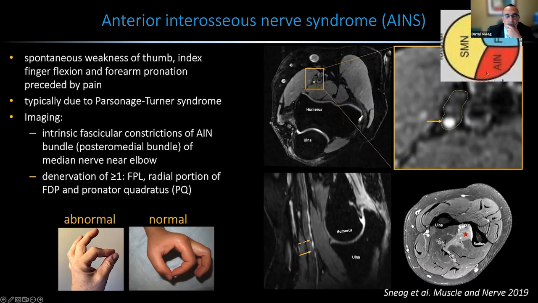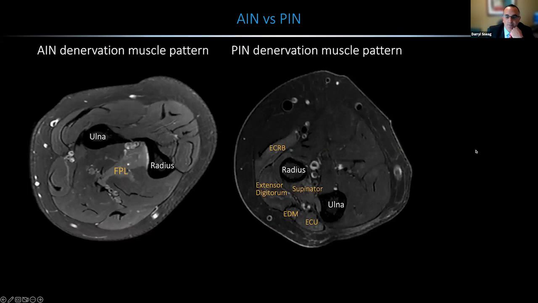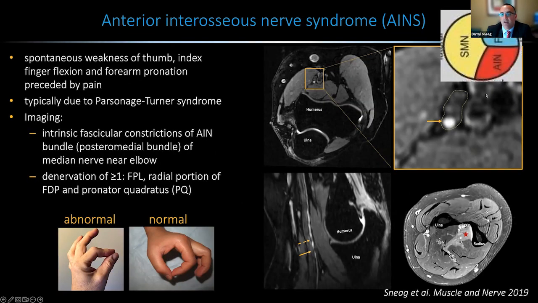the elbow. This topographic map from a paper shows that the AIN bundle, this must be on a timer. The AIN bundle sits in a posteromedial position relative to the pronator teres and FCR. Therefore, I can feel fairly confident that we're looking at the AIN bundle of the median nerve.